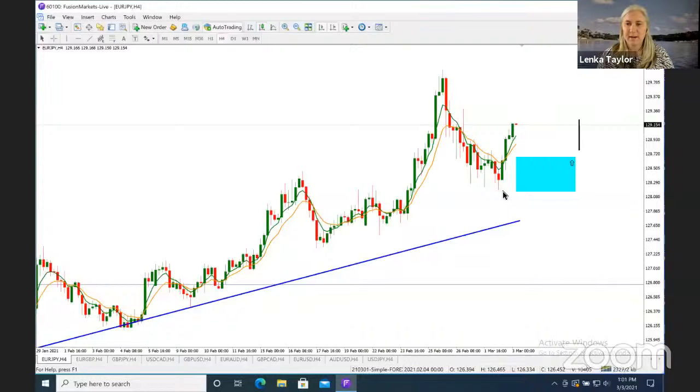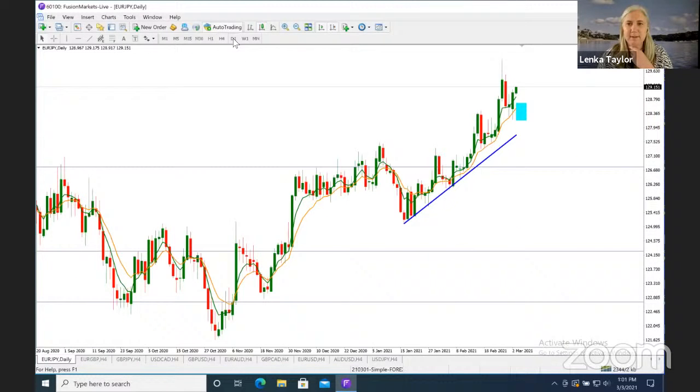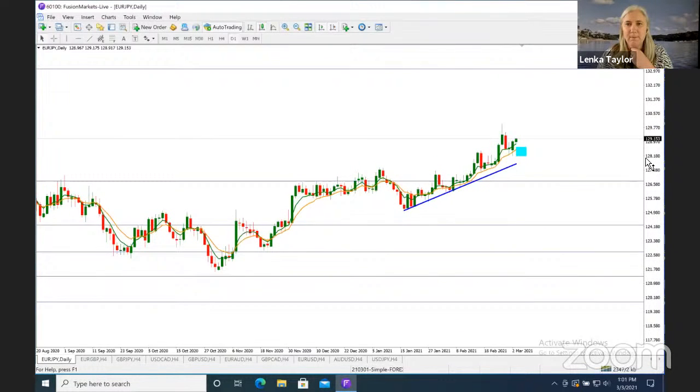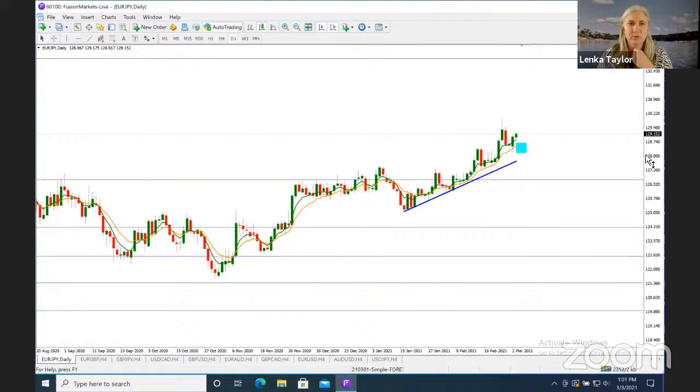Good-o. All right, so the first chart that I'm going to be looking at is the Euro JPY on the 4-hourly time frame. And I'm interested to look into getting into this trade. The trend is going up, and at the moment, the horizontal line is quite high up.